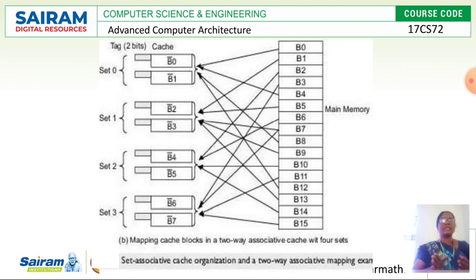Instead of the cache memory blocks, the set is associated. Set 0 is connected to all the first blocks of main memory. Set 1 is connected to all the second blocks of main memory. Set 2 is connected to all the third blocks of main memory, and set 3 is connected to all the fourth blocks of main memory. So the same way direct mapping connection is done.